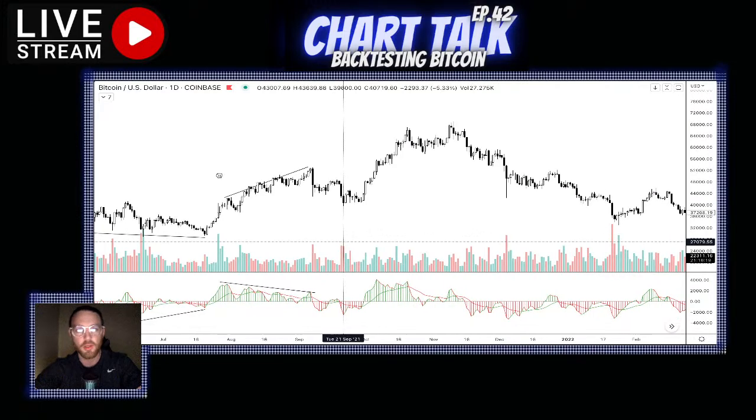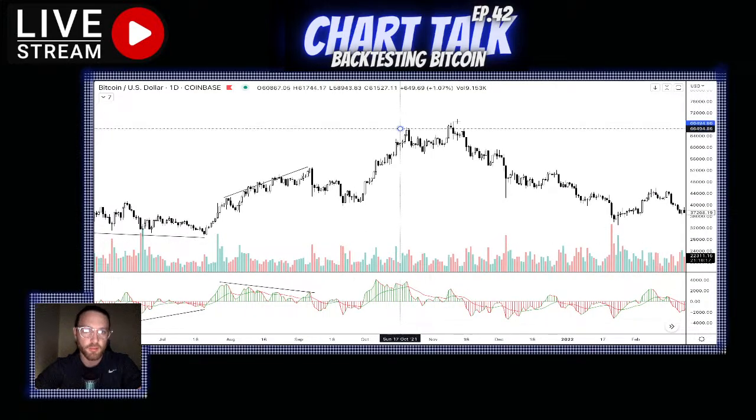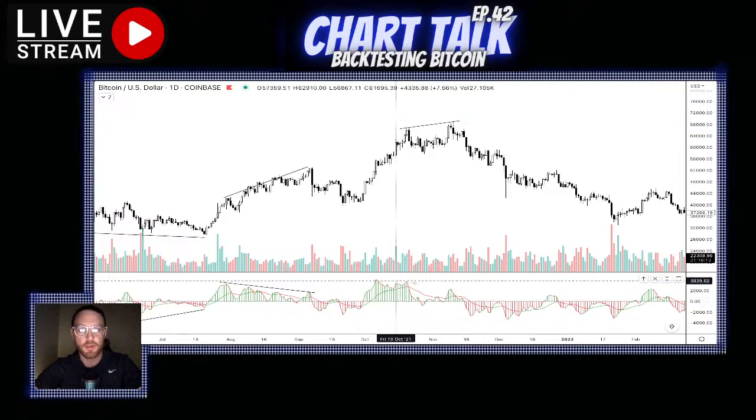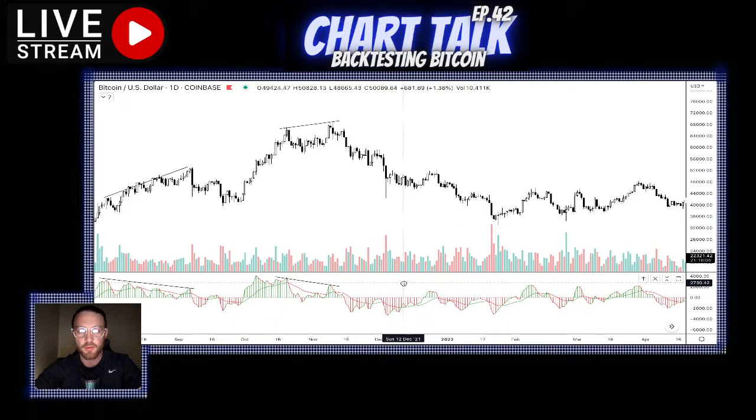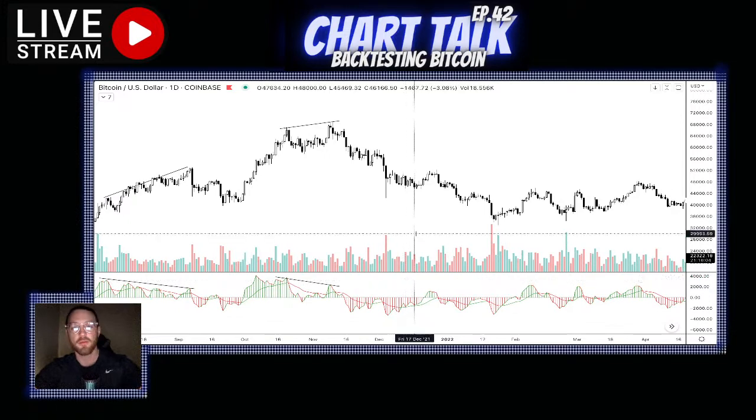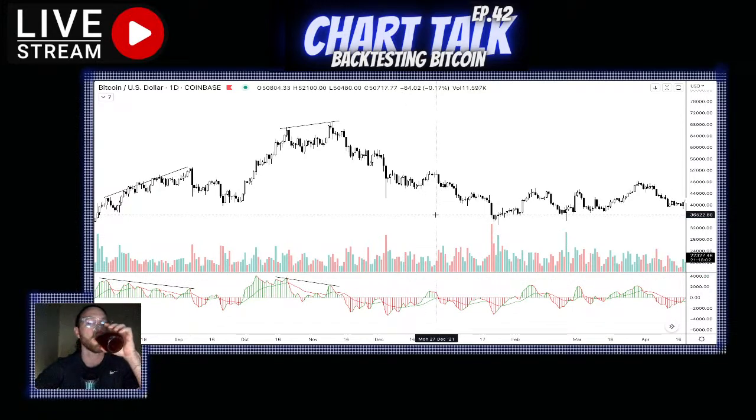We get a move to the upside, breaks highs, momentum does not. Okay, let's continue with finding all the divergences in Bitcoin. We've had two that have failed.